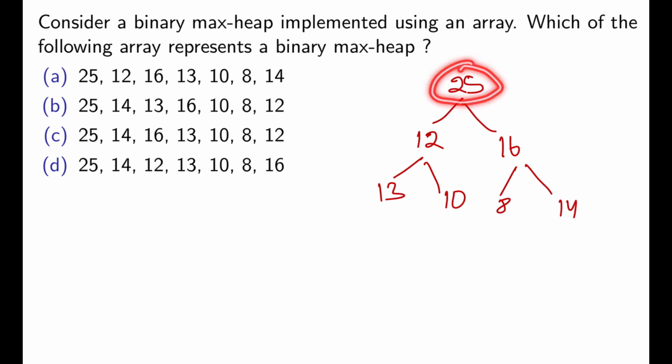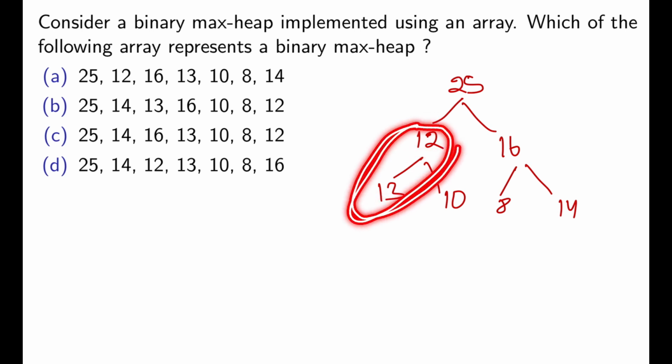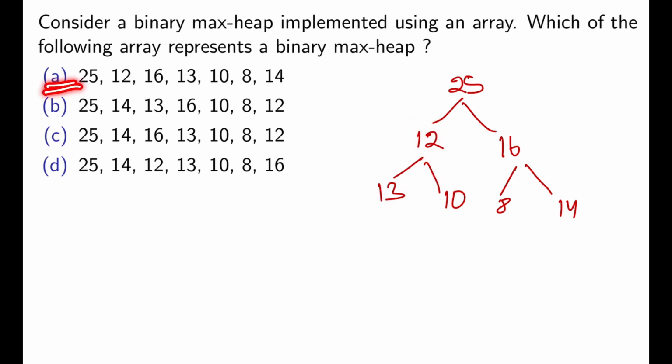So 25 is greater than 12 and 16, its children. So for this node 25 it satisfies the heap property. Now come to 12, 13 and 10. So here 12 is not greater than 13. The question asks about a max heap, so this property is violated here. So option A is not a max heap, and we can eliminate option A.